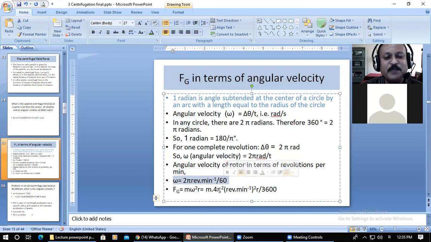So 4 pi square and revolution per minute square, because this complete term is squared, multiplied by the radius, divided by 60 square, that is 3600. So centrifugal force in terms of the angular velocity is m, the mass, into 4 pi square revolution per minute square, r, divided by 3600.